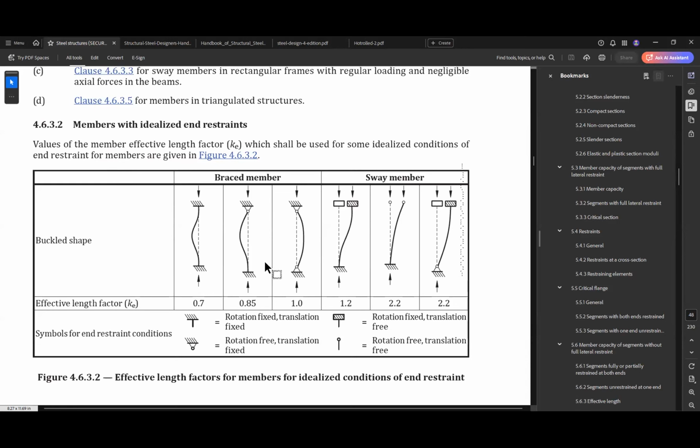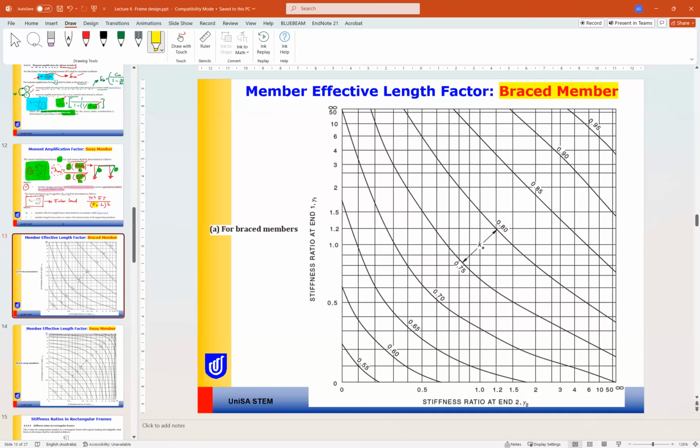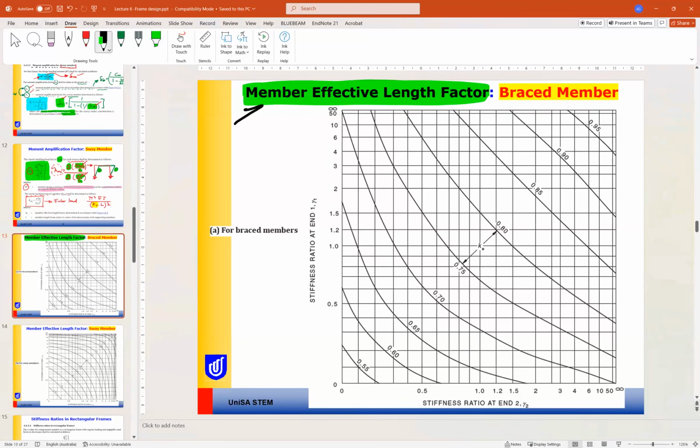I think most of you know this part, but in our course, because we are designing frames, we can't use the ideal values, but the effective length factor. We should use the curves or charts we have here. So the member effective length factor Ke will be calculated using these two figures.